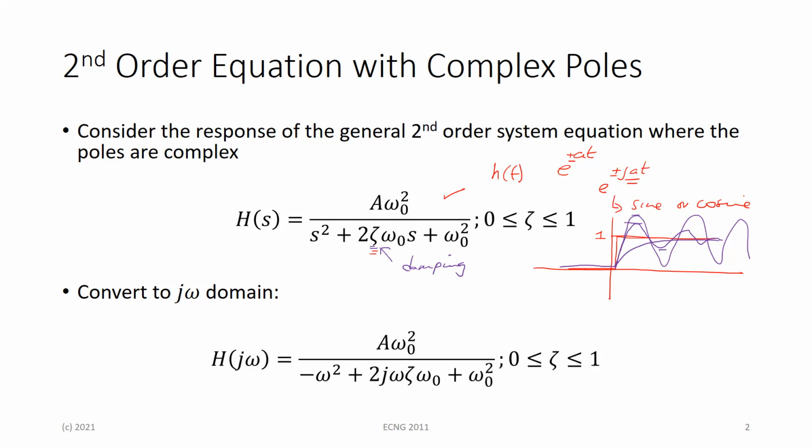What the damper does is absorb that vibration and make the car settle down after a while. Hitting a bump is the equivalent of the step response for the car, and this purple is how the car would respond. The better the damper absorbs those oscillations, the closer it will get to this kind of thing.